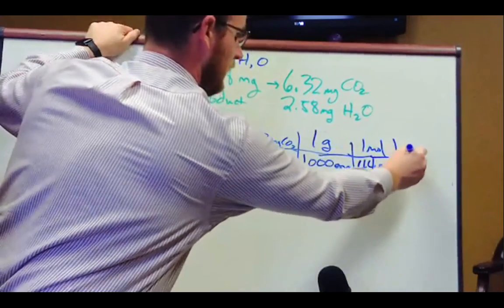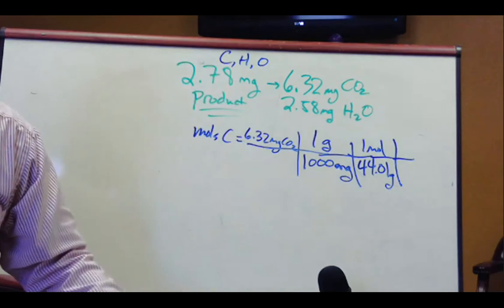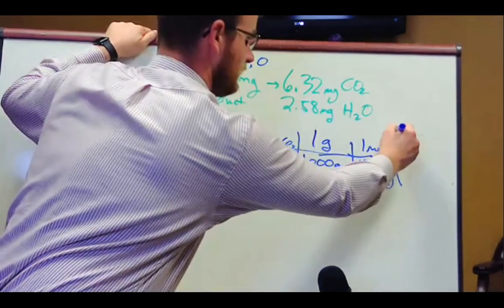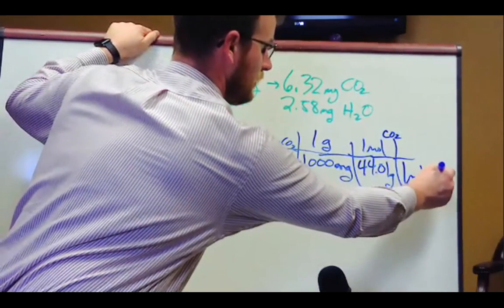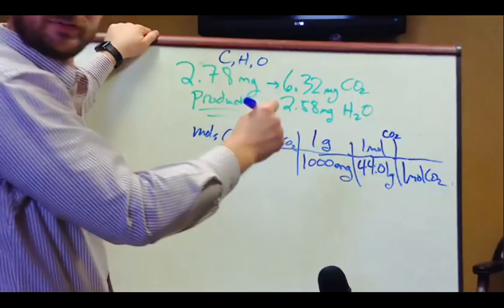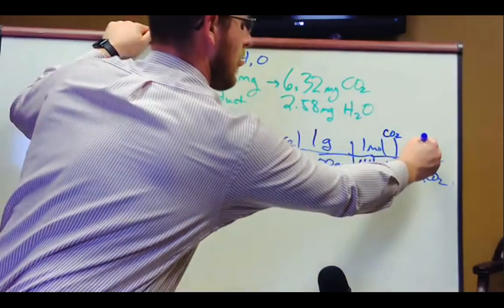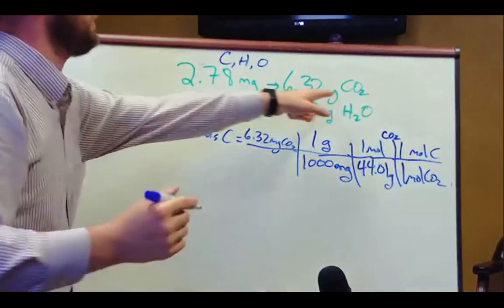Now, here's where we need that molar ratio that I talked about in the previous example. For every 1 mole of CO2, because this is still CO2 that we're talking about, how many moles of carbon are there? Exactly, there's 1. So for every 1 mole of CO2, there's 1 mole of carbon.